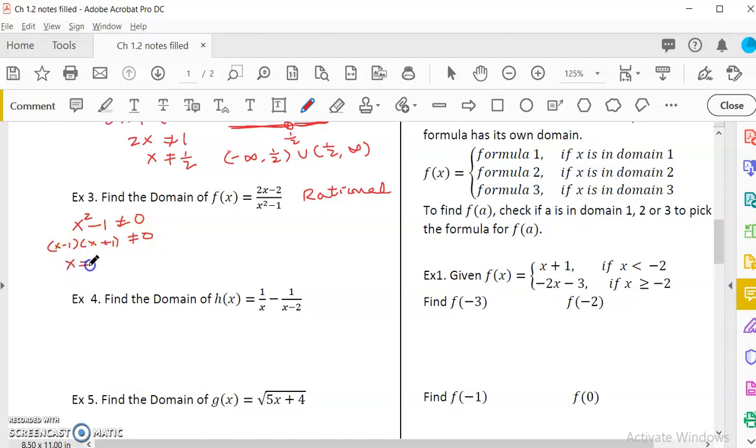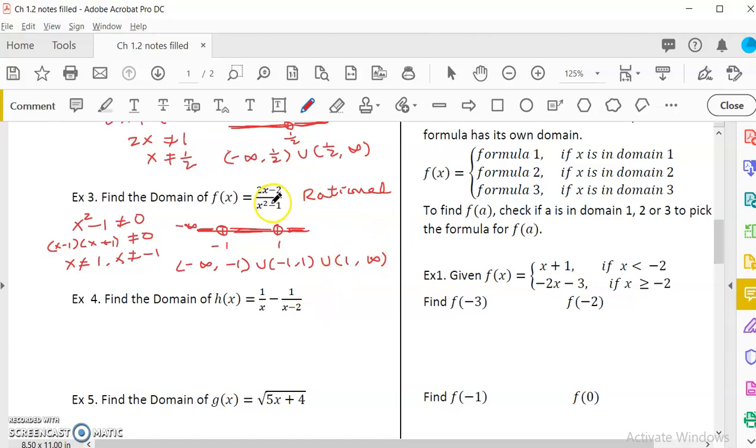So both of them cannot be 0, right? x cannot be 1. x cannot be negative 1. So we'll just mark negative 1 and 1. These two numbers cannot be in the domain, but all the others can be, right? So you would write from negative infinity up to negative 1, and then union from negative 1 to 1, this is the middle one, and then union 1 to infinity.